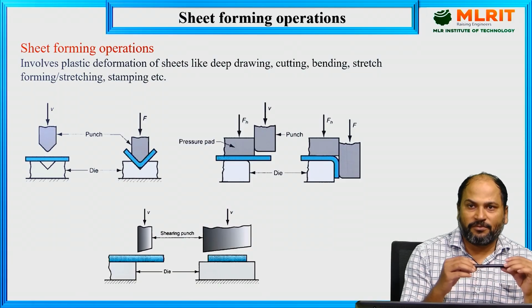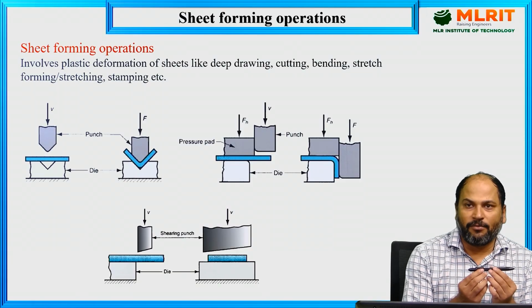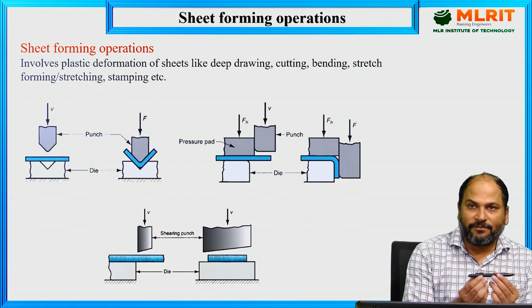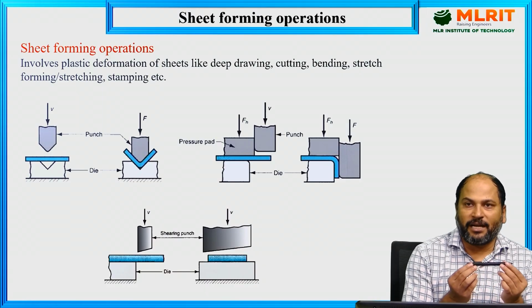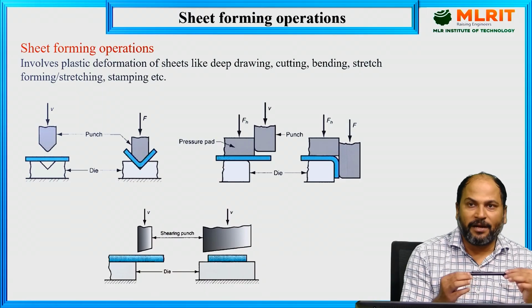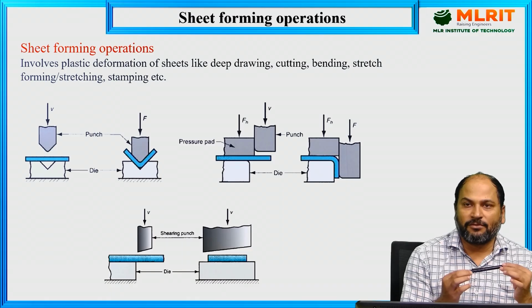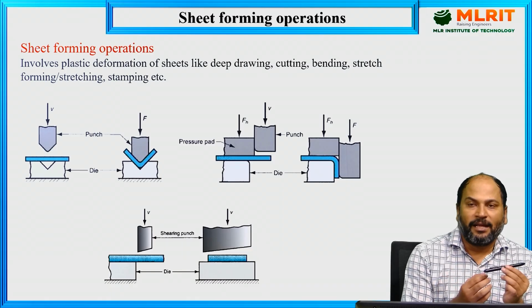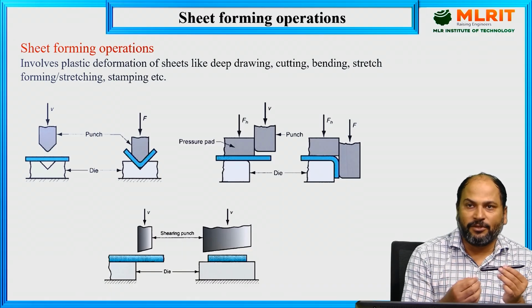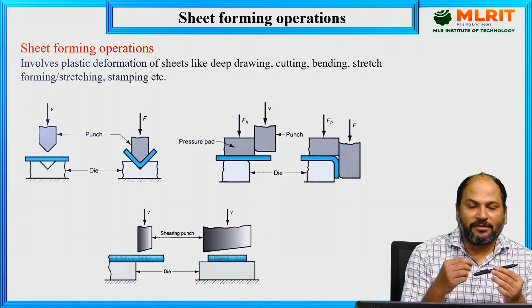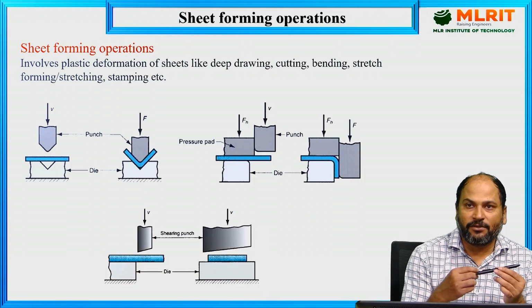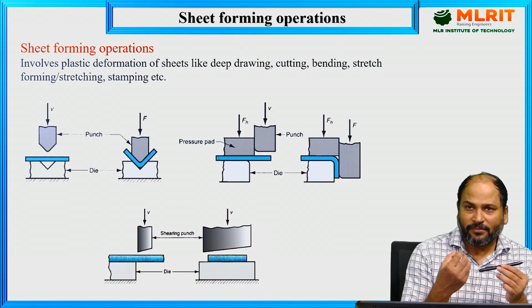Now suppose we have to increase the length of this stylus, as we have already discussed. We'll simply apply tensile forces. Its length will increase, and obviously if length increases, we know the volume of this stylus is constant, so the cross-sectional area will be reduced.